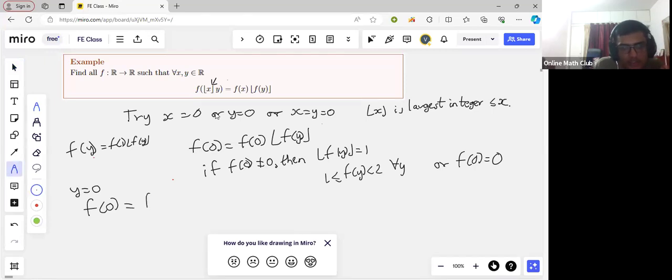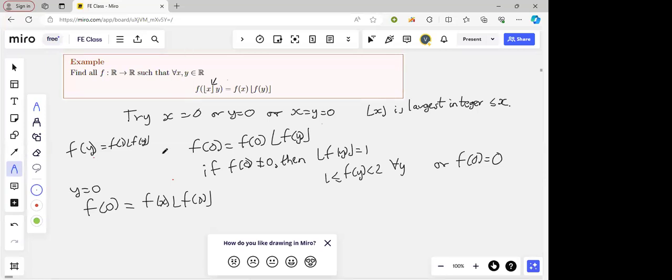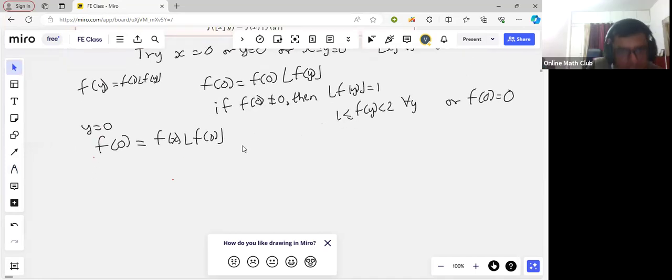We get f of 0 is equal to f of x times floor of f of 0, right? So what we get essentially is that either f is constant or f of 0 is 0.